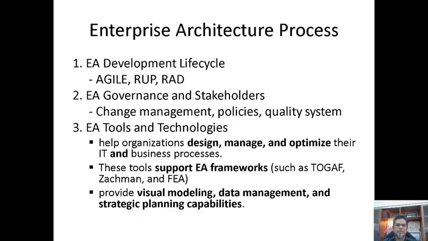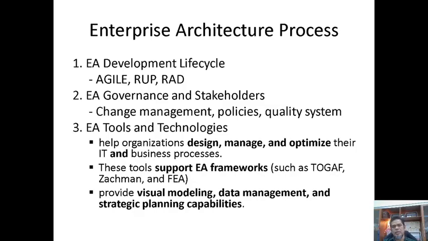The first process in developing the architecture is you need to choose the development life cycle methodology, either Agile or RUP or RAD. You need to choose the proper methodology to develop the enterprise architecture.